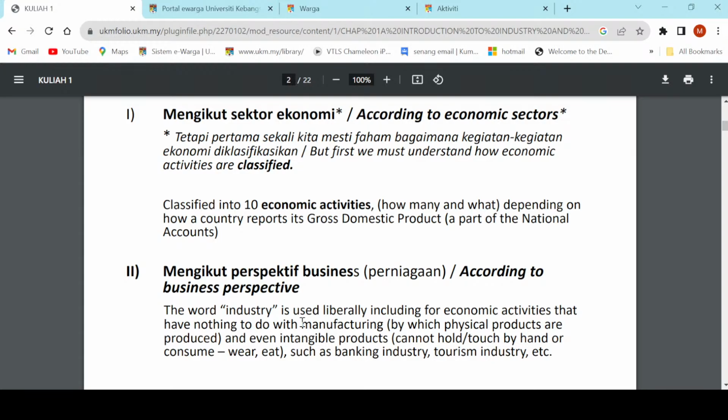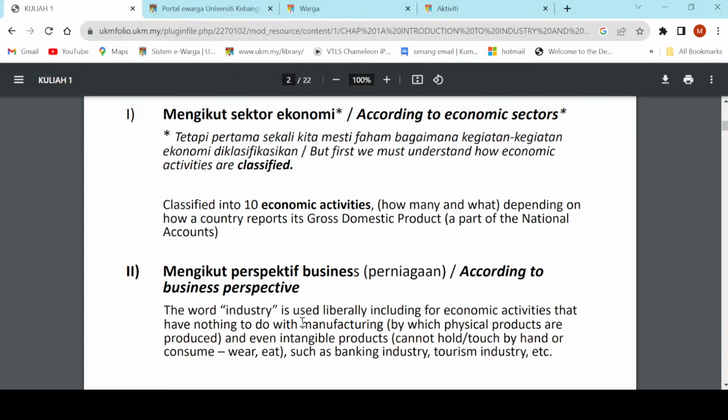We can touch it. We can eat. A car, we can ride. What we call tangible products. Tangible, T-A-N-G-I-B-L-E. Tangible products. These are coming from manufacturing.